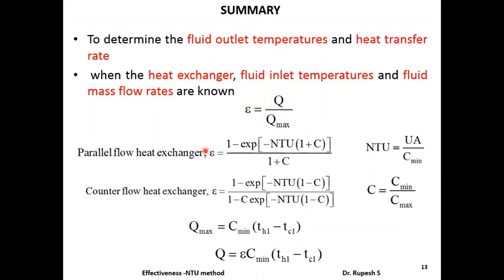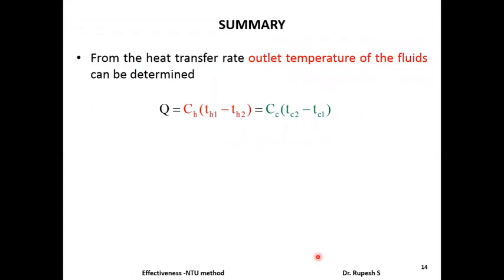Effectiveness can be expressed as a function of number of transfer units NTU and heat capacity rate ratio, capital C. And maximum possible heat transfer can be obtained from the equation Qmax is equal to C minimum into Th1 minus Tc1. Substituting the value of effectiveness and Qmax, actual heat transfer rate can be obtained. Now, if you know the actual heat transfer rate, the outlet temperatures of the fluids can be determined.